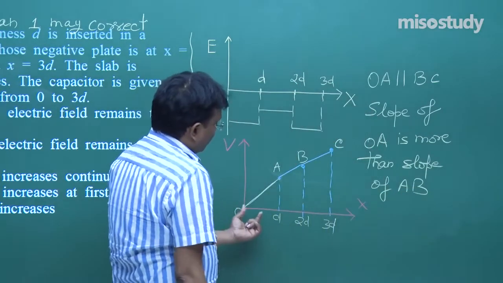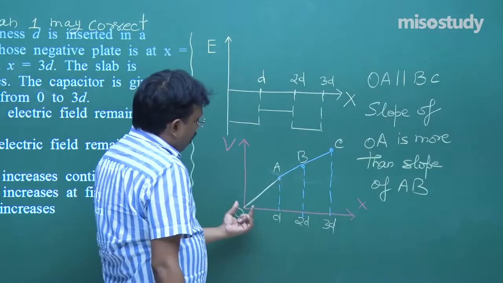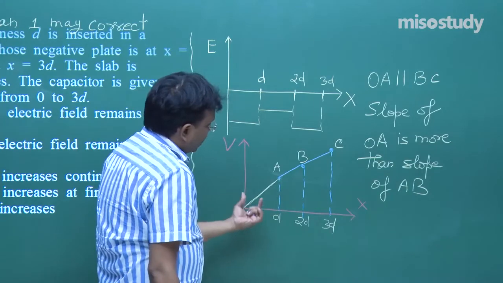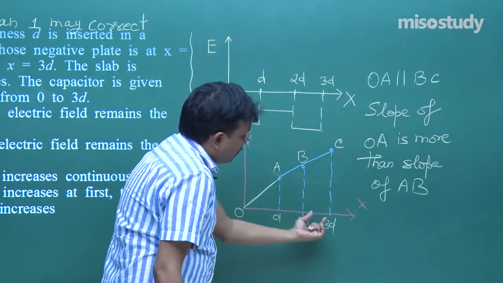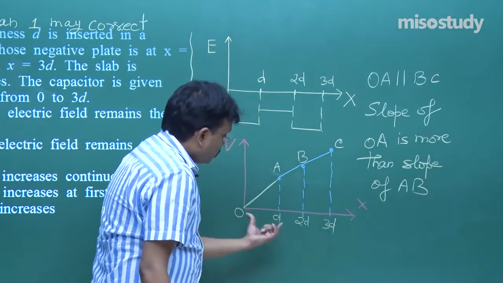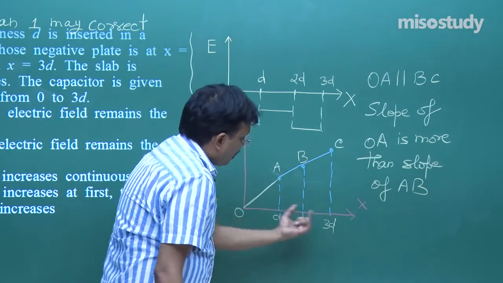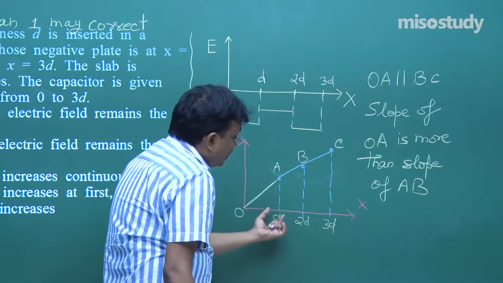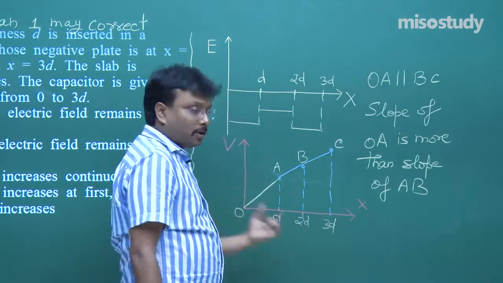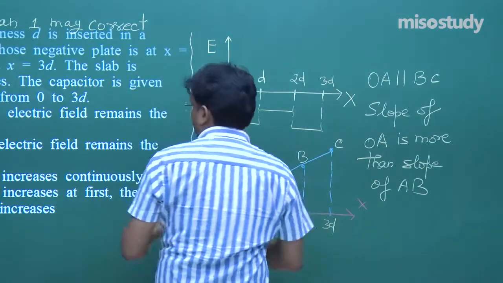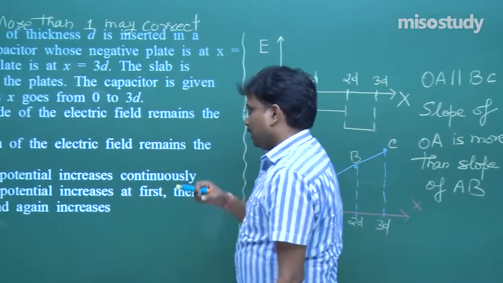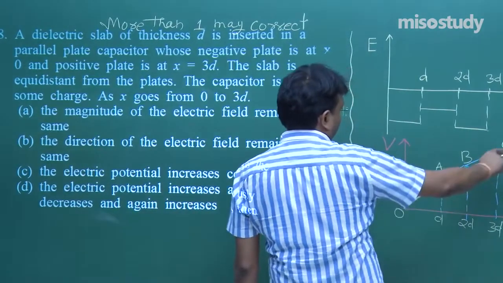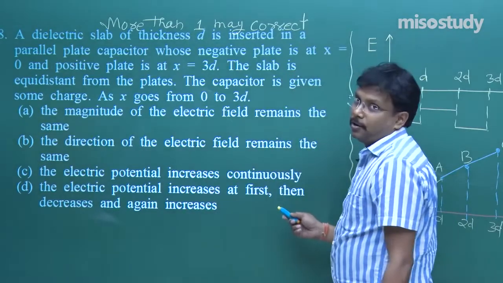So, because of this reason, E(0 to D) is equal to this field and E(D to 2D) is this field, so therefore, E(0 to D) is greater than E(D to 2D). Okay. So, on the basis of this analysis, we can say that electric potential increases continuously. Yes, it is increasing continuously.